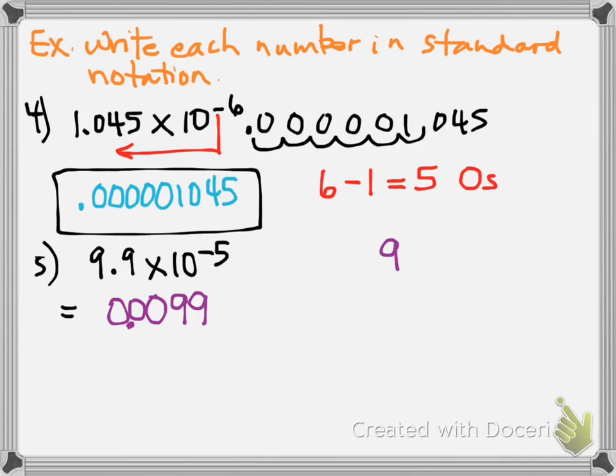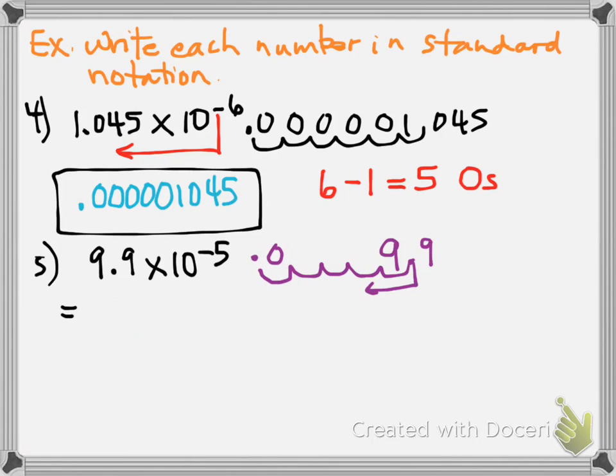So we've got 9.9. The negative says move left. We're going to move left 1, 2, 3, 4, 5 spots. Okay? Do you agree with your answer, or do you want to change your answer? I want to change it now. Okay, so what would you change your answer to? Add another 0. So how many zeros? 4. So 4 zeros, and then the 9, 9.